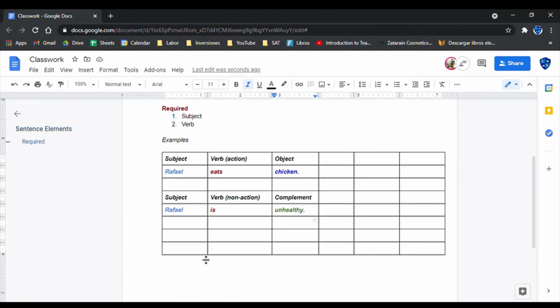Okay, let's do another one. Now we're going to do subject, verb, adverbial. Adverbium.